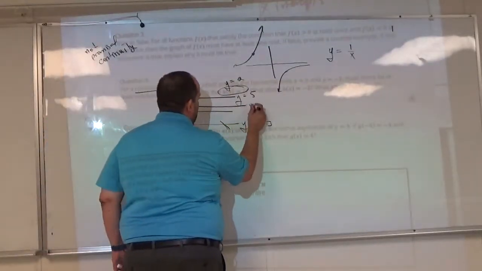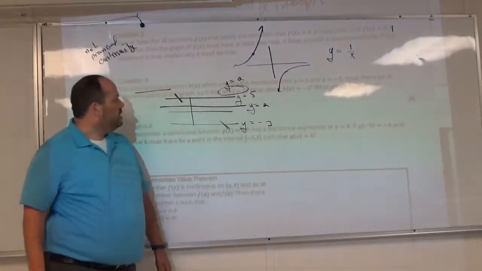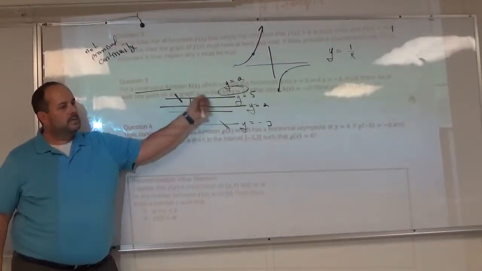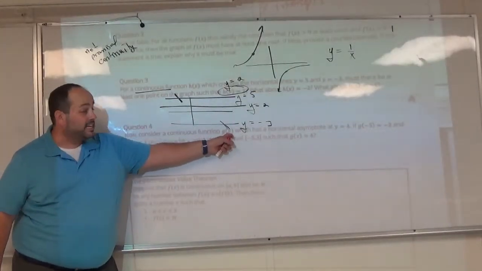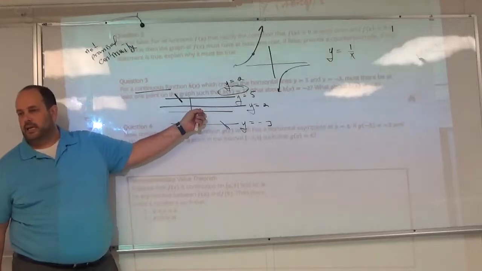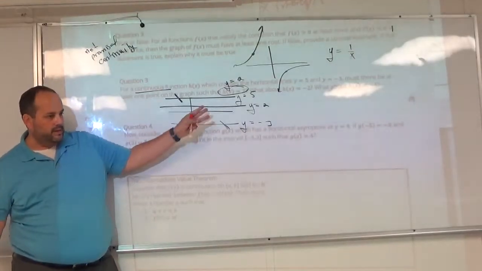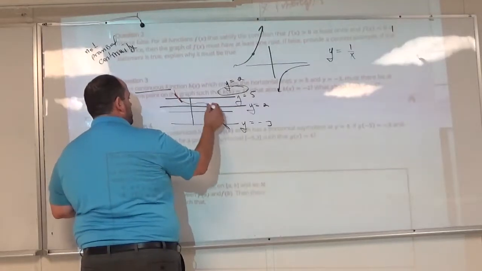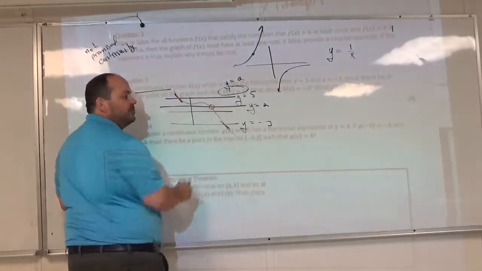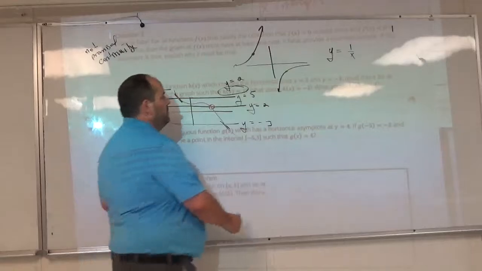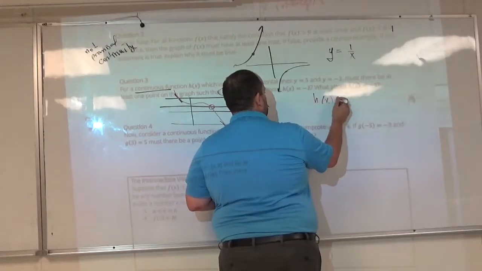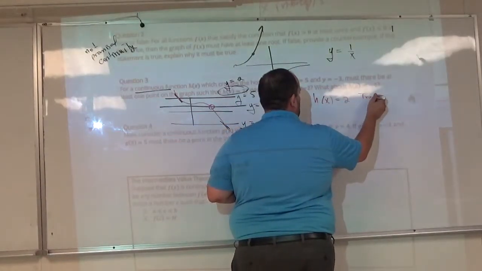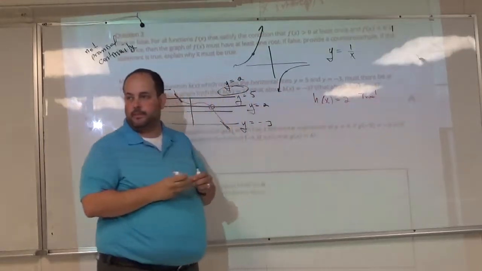If I look at the line y equals 2, could you get from here to here with a continuous function and not cross the line? There's no way, right? No matter how you try to draw it, you eventually have to cross. Okay? So what do we think? H of x equals 2, we're going to say that's a true statement.